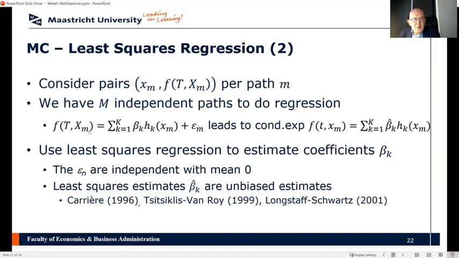So I have to project this future payoff back onto the basis functions that only use the information and the value of each path at time small t. The least squares regression leads to these estimates beta k. And because I have M independent paths and the epsilon terms are independent with mean 0, you can prove mathematically that these least squares estimates are unbiased if the number of paths approaches infinity.